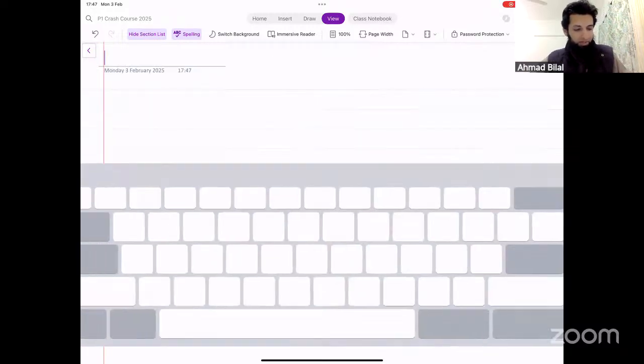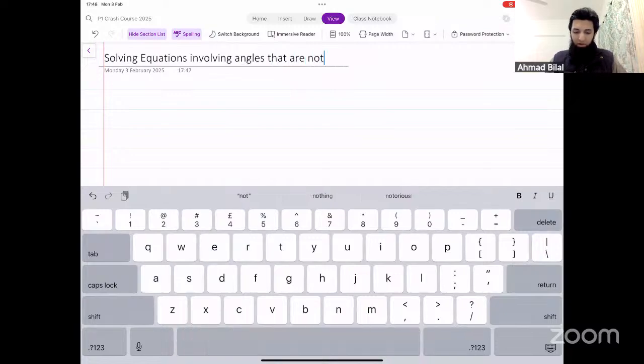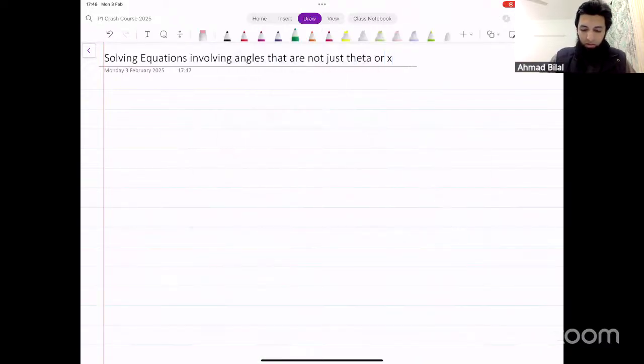But this is one major concept that we want to do today: solving equations involving angles that are not just theta or x. Now, what does that mean? Sometimes you would end up getting an equation that looks something like this.